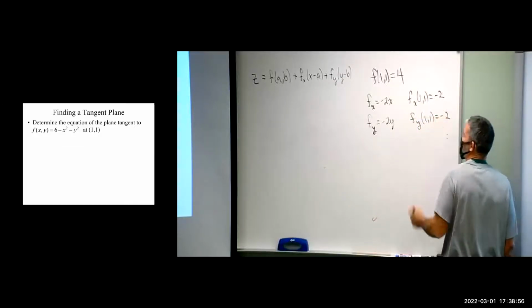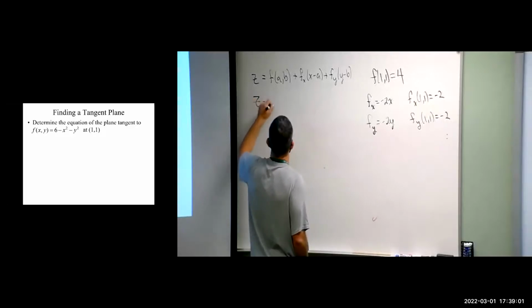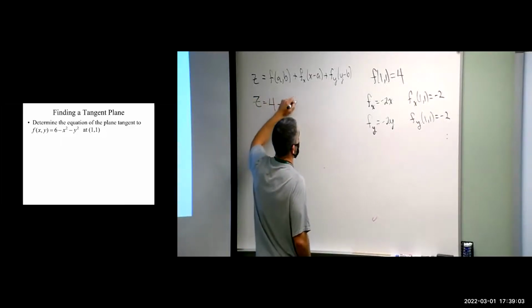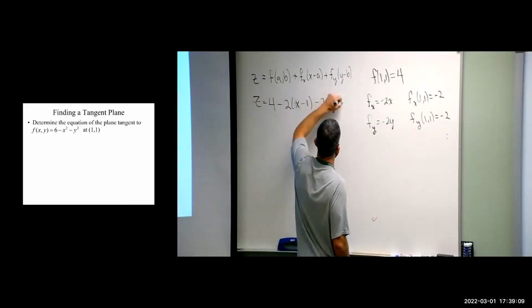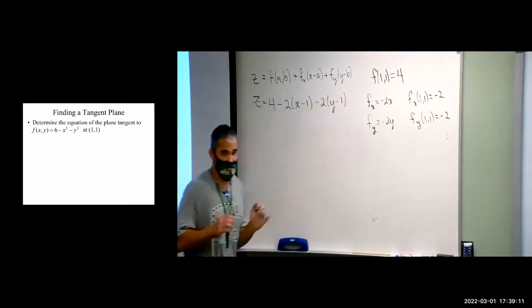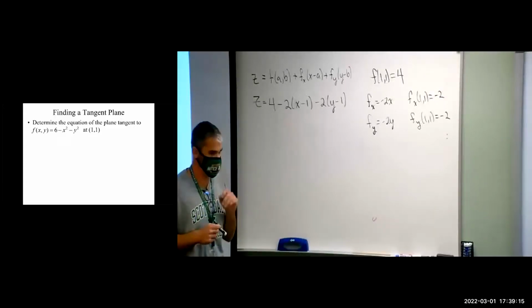Very good. That's it. We're done. Our tangent plane is z equals 4 minus 2 times x minus 1 minus 2 times y minus 1. All right. That's how quickly we can find a tangent plane if we know how to take partials.